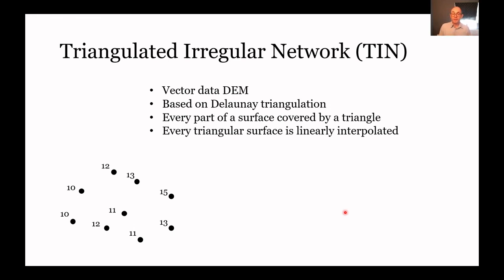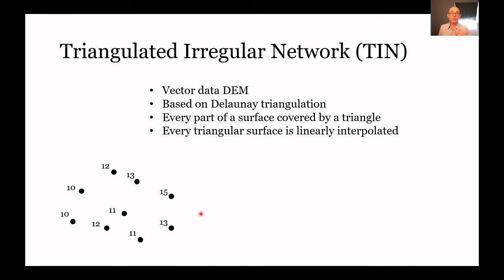The triangulated irregular network. This is a popular vector-based method whereby instead of creating a raster, we have a series of nodes, these points, connected by lines to build triangular facets upon which we can do a linear interpolation to find a new value for every single point on that surface.